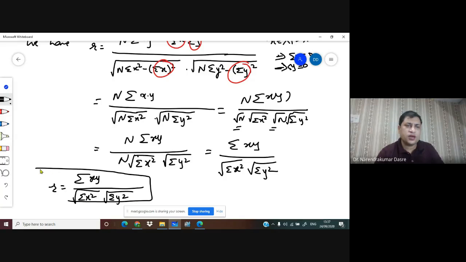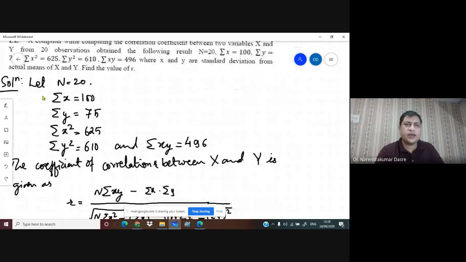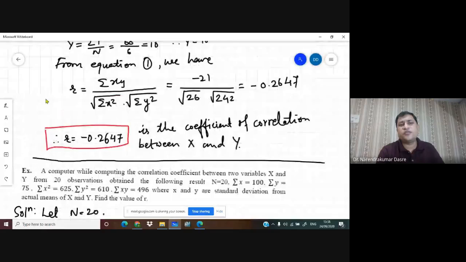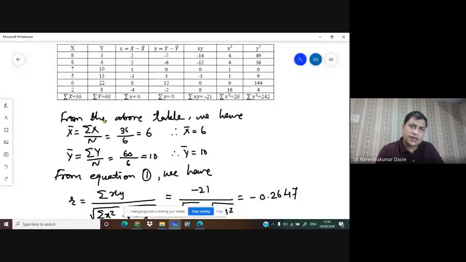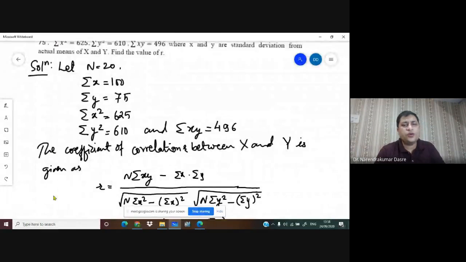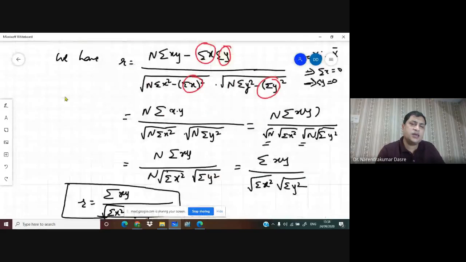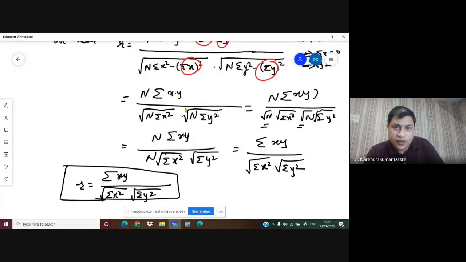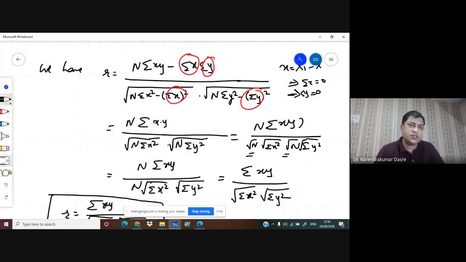And this is what you can see we have used in the previous example. So you can see this is what I have used. This is the formula, because we know this sum is going to be 0. Okay, we are using the actual means, so that's why the sum is going to be 0, and hence this formula is same as this formula if we consider small x and small y to be the actual mean deviations.